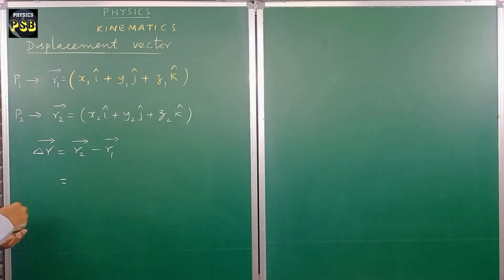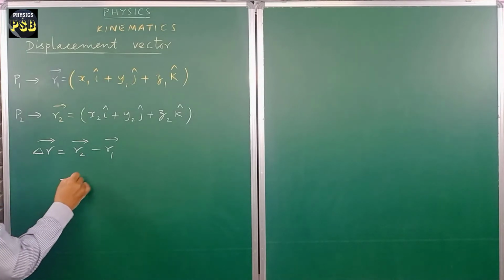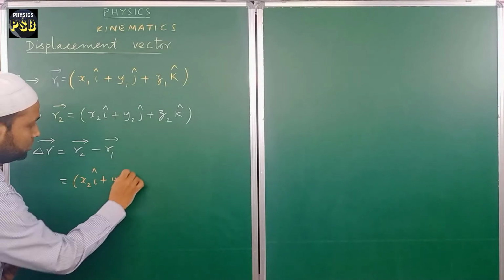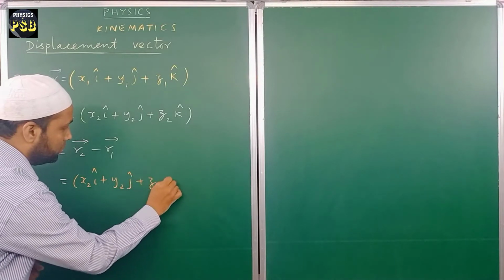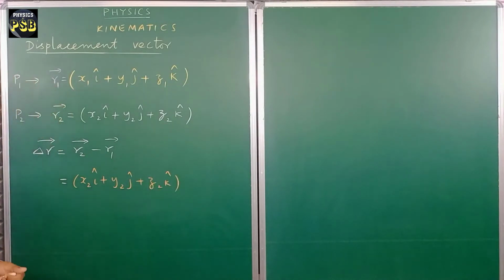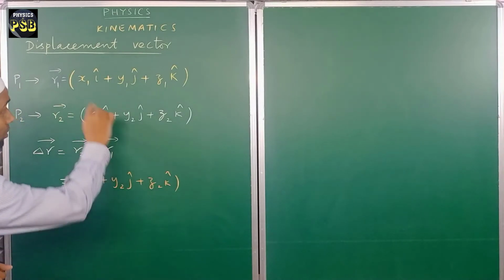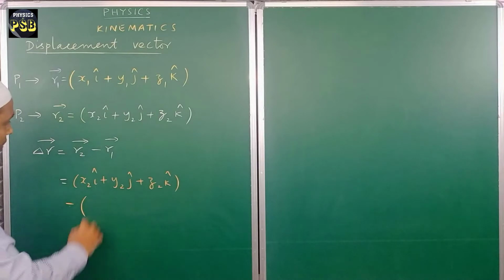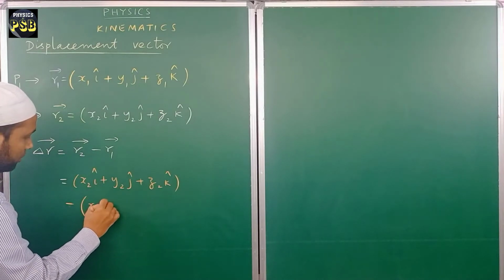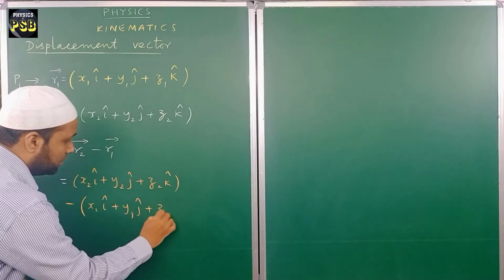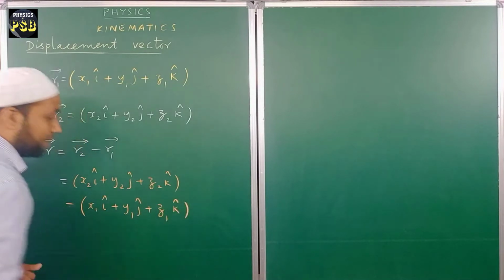Now this I am going to substitute here: x2 i cap plus y2 j cap plus z2 k cap. It is subtracted from the value of R1 vector, which is nothing but x1 i cap plus y1 j cap plus z1 k cap.